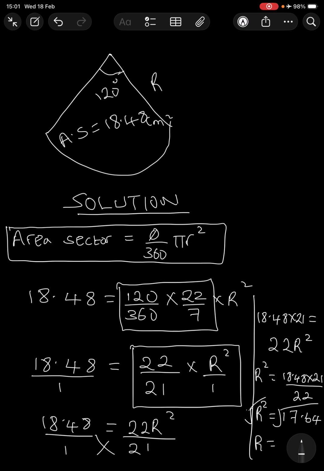So r is equal to the square root of 17.64, which is 4.2. So the radius is 4.2 centimeters. So that is the end of area of a sector.